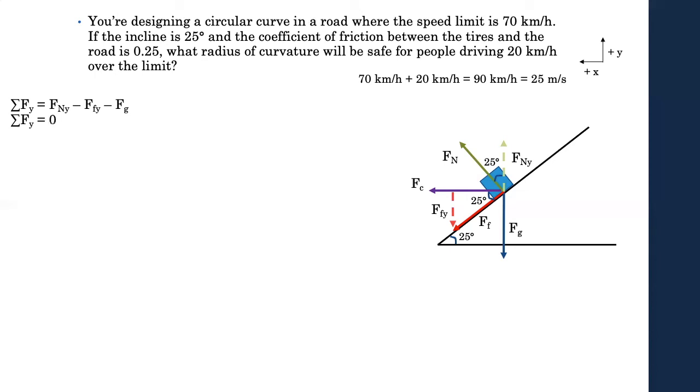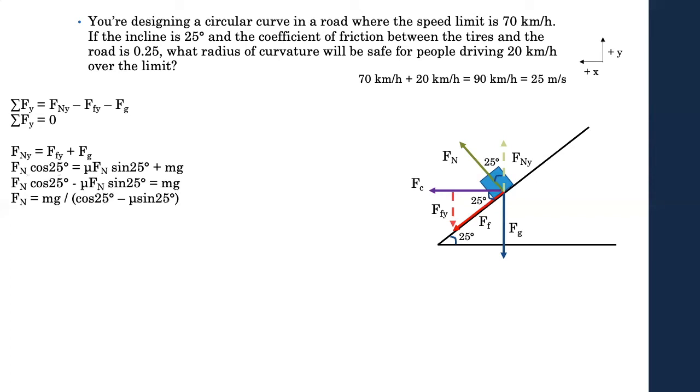And since the net force is 0, because we don't want the car to fly anywhere, we can rearrange and say that the normal force in the y direction, which is the normal force times the cos of 25, is equal to the frictional force plus the gravitational force. And again, about finding that 25-degree angle, it's the elevation of the ramp I've given you. And of course, force of gravity is mass times gravity.